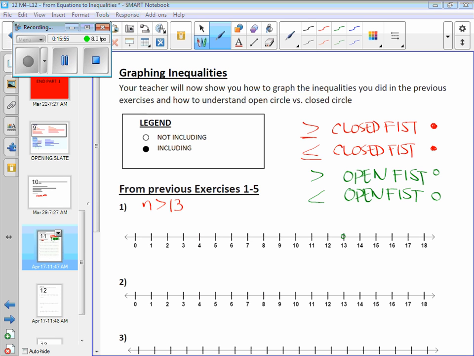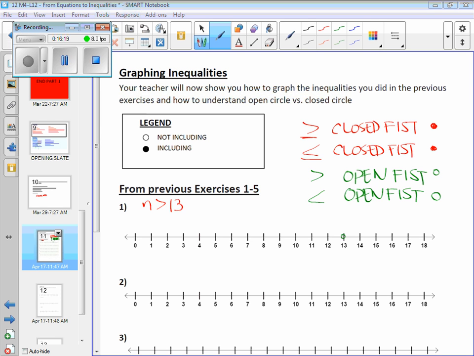Which direction? We've learned this back when we did integers. Greater is which way, left or right? Right, everything greater than 13 is to the right. So will it work for 14? Does that make the statement true? What about 15? What about 16? 17? What about 7? What about 13 and a half?